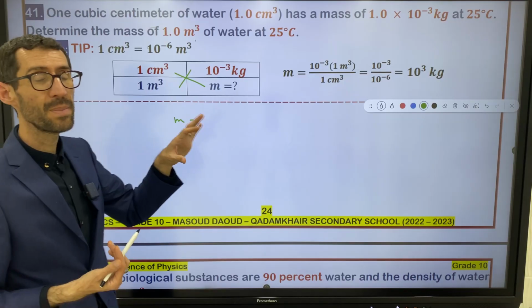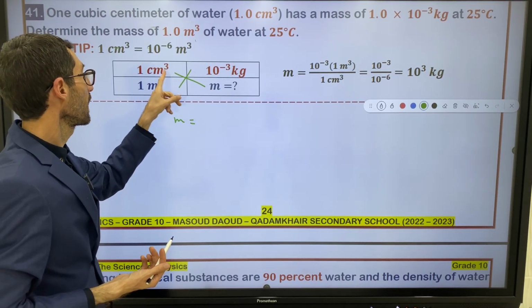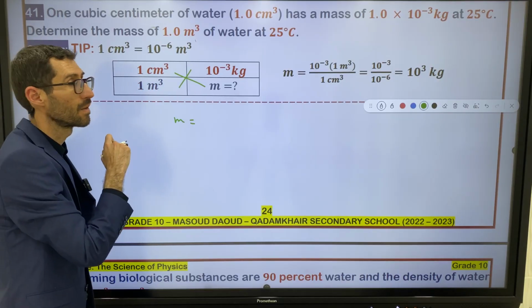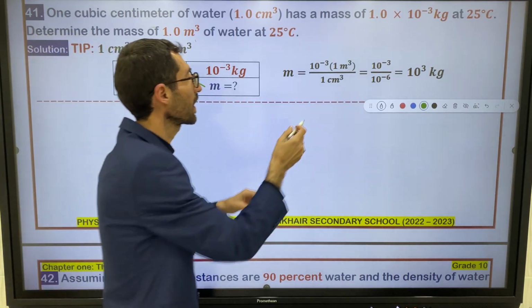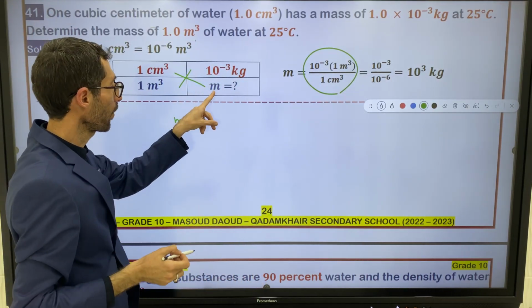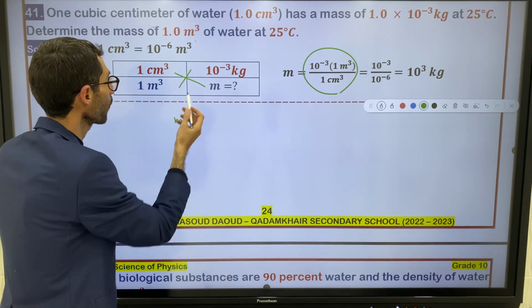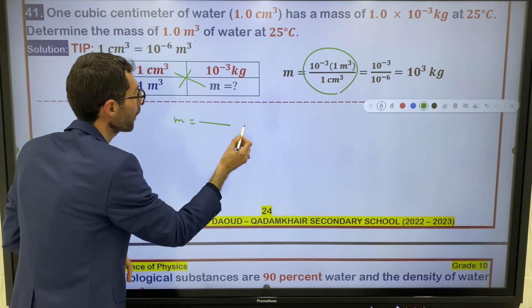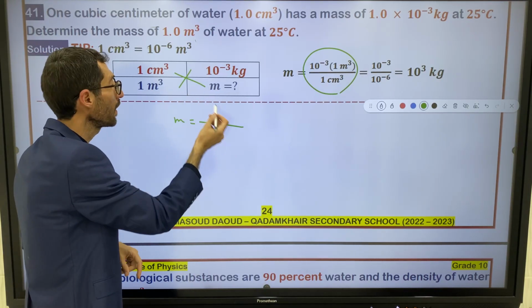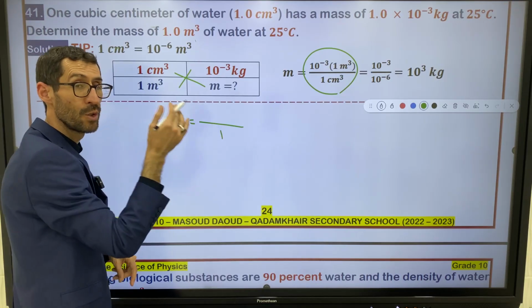But here, maybe you say, teacher, in this table we have 1 cubic centimeter. Firstly, you substitute the number. This is our variable, M is equal to 1. I told you everything that is multiplied by the variable goes to the denominator.